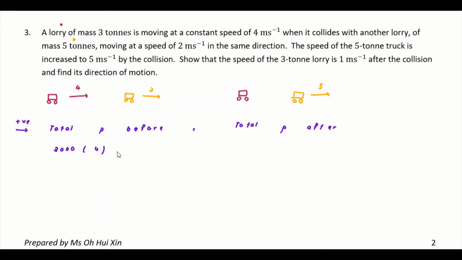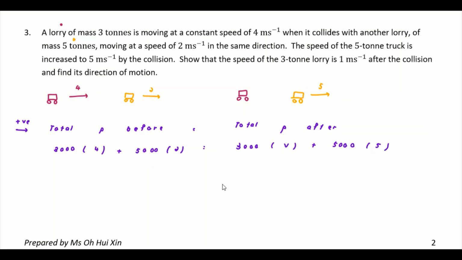So 3000 times 4 plus 5000 times 2 equals the total P after. We don't know this one yet, it's what we want to find, so 3000 multiplied by V. And this is moving towards the positive direction as well, so that's 5000 times 5.